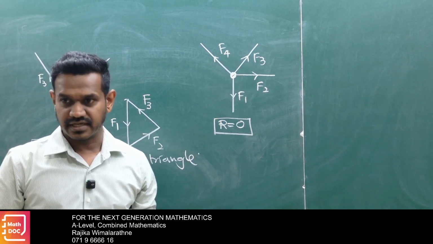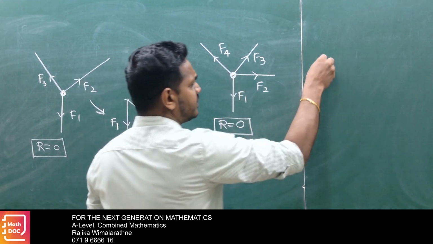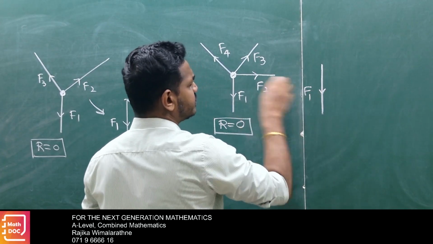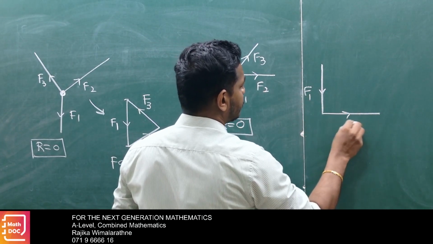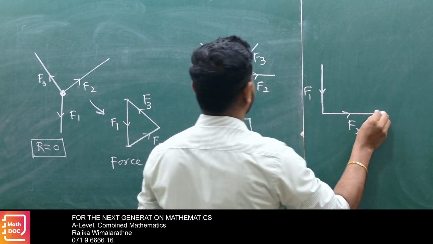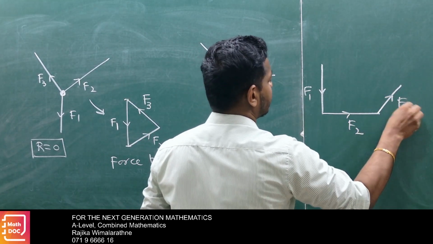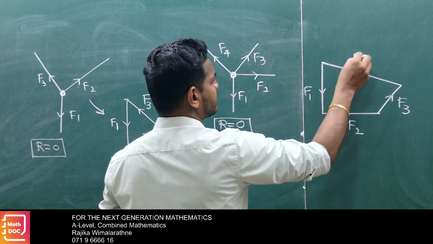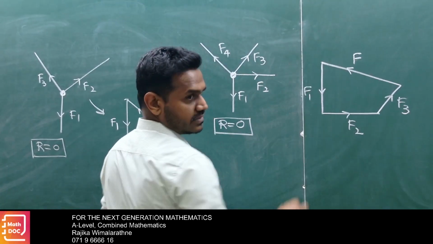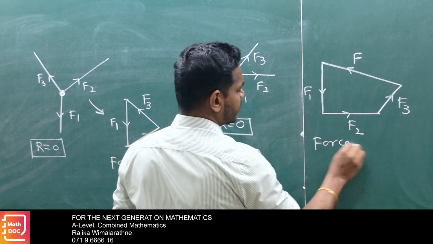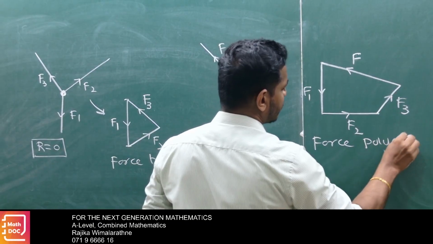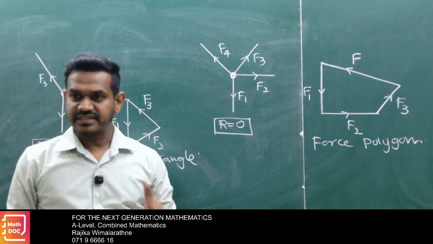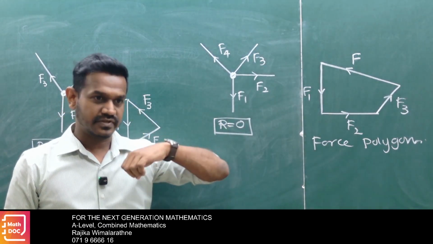First sketch F1. At the end point, sketch F2, then F3, and at the end point sketch F4. Then it must be a closed one, a force polygon. So if the vertex is in equilibrium, we can sketch a force polygon.